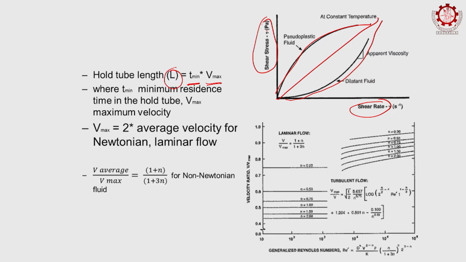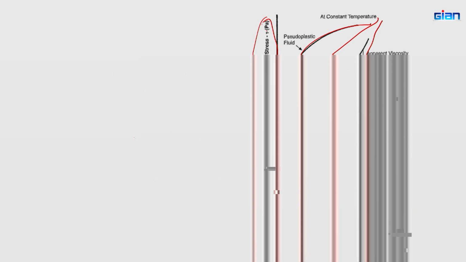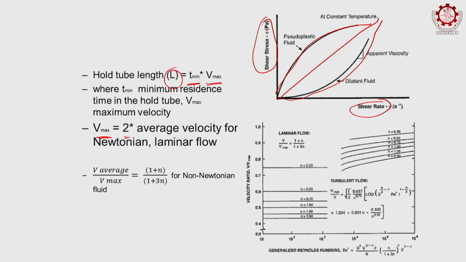So for that model, which I'm not going to go into details, you have velocity based on 2 times the average velocity for Newtonian fluid or a power law relationship. So there's a lot of math that goes behind here.